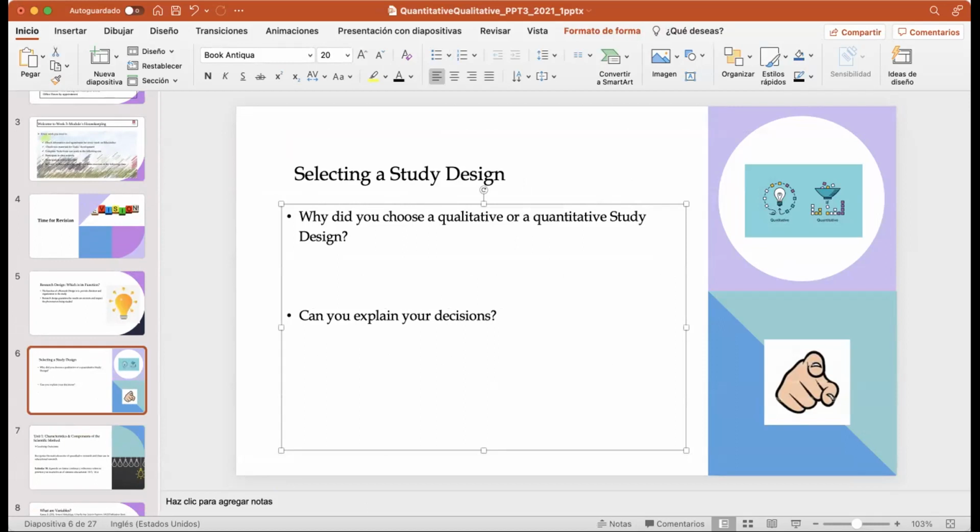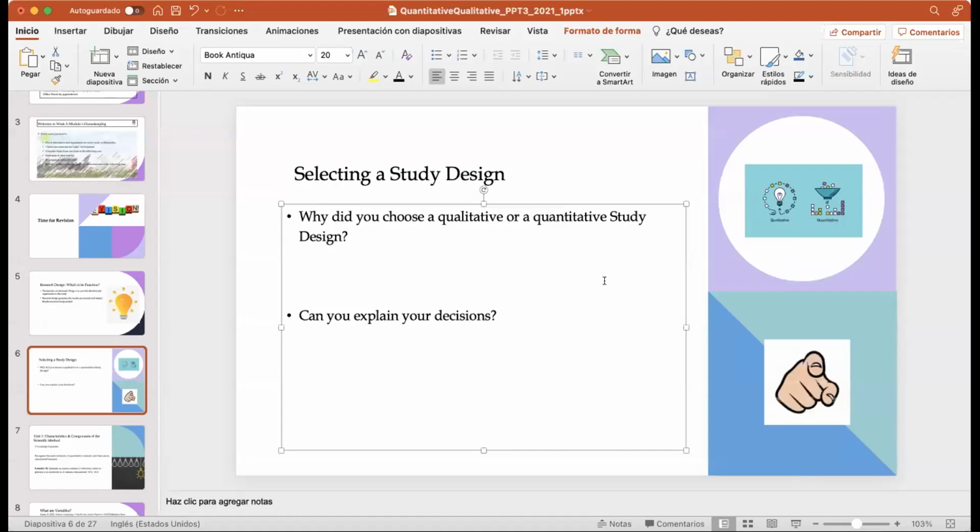It is called the qualitative and quantitative research document, where you have the comparison. So go back to that document and think, why did you choose for your study either a qualitative or a quantitative research design?